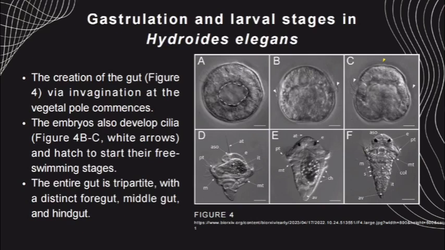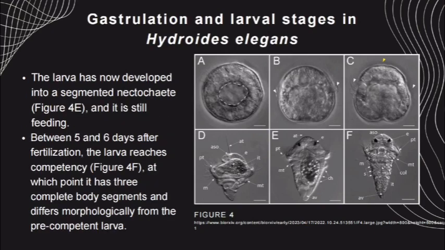The entire gut is tripartite, or consists of 3 parts, with a distinct foregut, midgut, and hindgut. The trochophore larva can then start eating at around post-fertilization. The larva has now developed into a segmented larva.